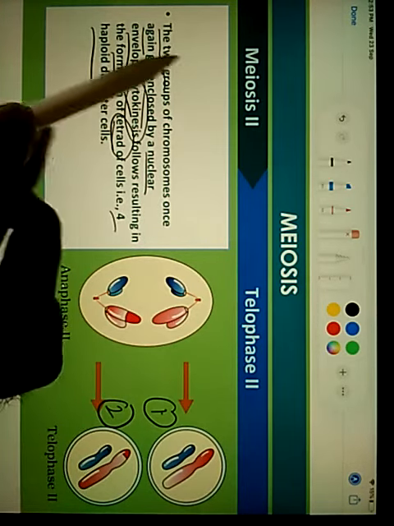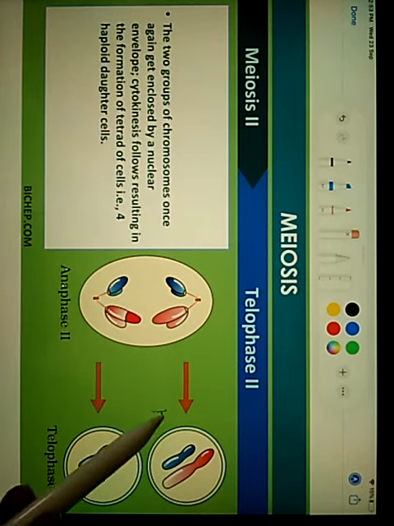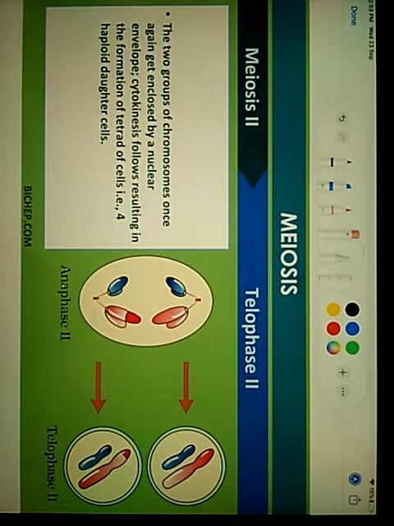That is why 4 daughter cells will be formed out of 2 cells, each containing a homologous pair of chromosomes. So the 2 cells will do the same process of prophase 2, metaphase 2, anaphase 2 and telophase 2, and that is why 2 plus 2, 4 haploid daughter cells, that is gametes, will be produced.